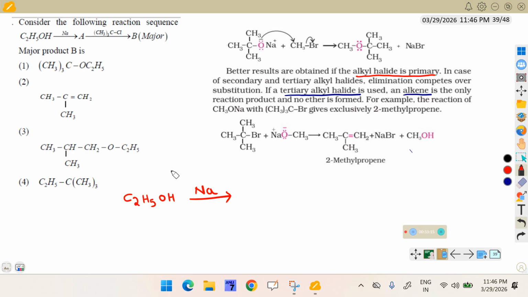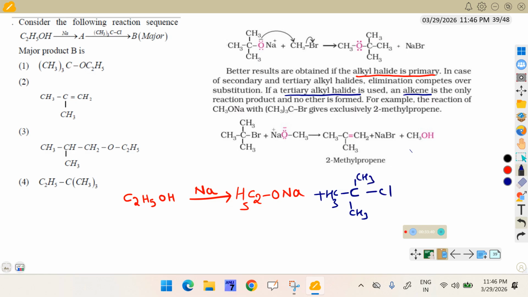Consider the following reaction sequence. Identify B. C2H5OH reacts with sodium, then it gives C2H5ONa. C2H5ONa reacts with 3-degree alkyl halide, (CH3)3C-Cl.